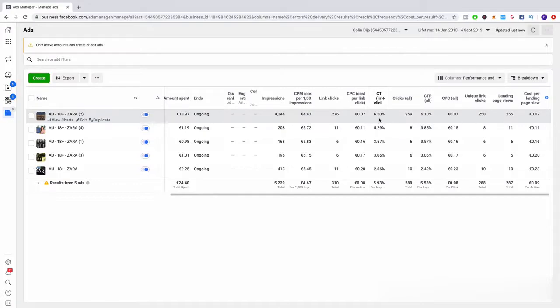As you saw before, the average landing page view price was 8 cents. Now, the average click-through rate was 5.9. However, the main ad is running 6.5 and a 7 cent CPC.